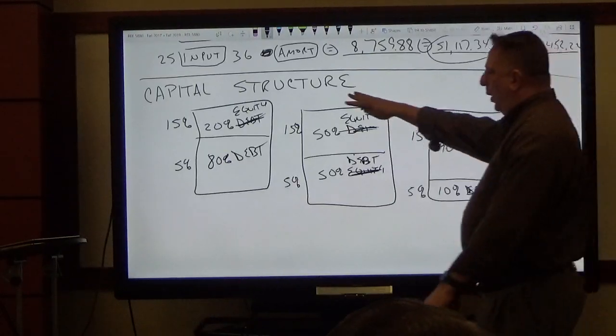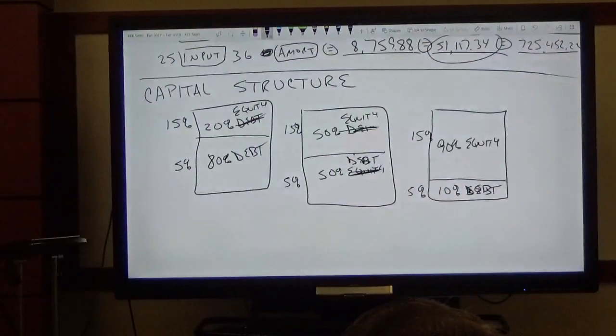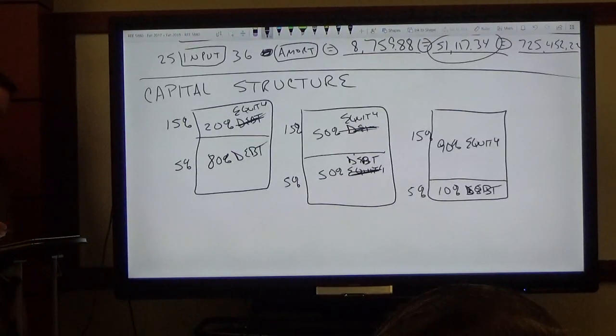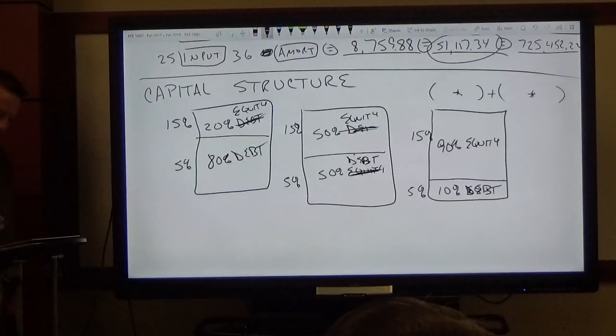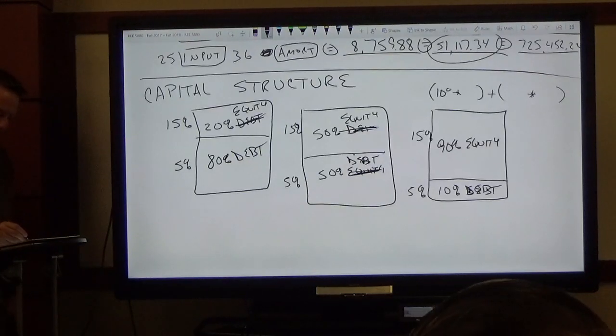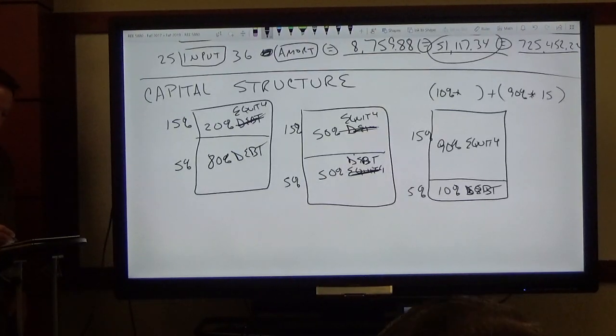And so what we would find, if we went through each of these, is in this one, on the debt side, this is going to be 10% debt, and on the equity side, 90%. Our cost of equity is, let's say, going to be 15%, and our cost of debt is going to be 5%.